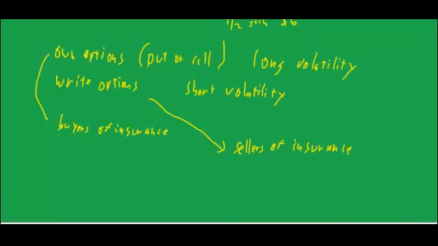And we'll see that a company like AIG ultimately played a role of writing options. There was a sense in which it made sense that a big insurance company ended up writing a lot of options in the mortgage industry because they're kind of in the business of selling insurance.